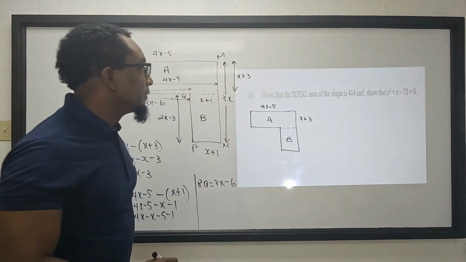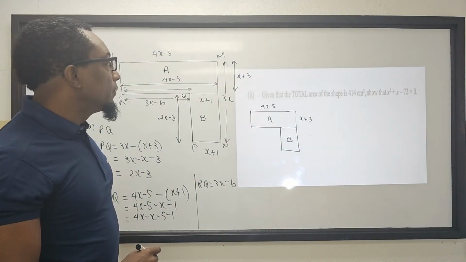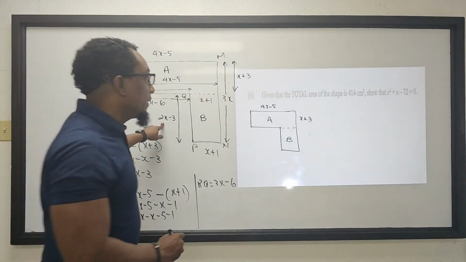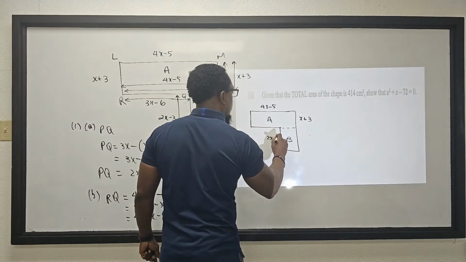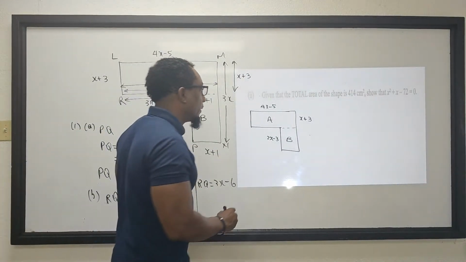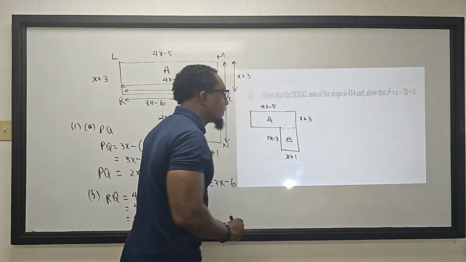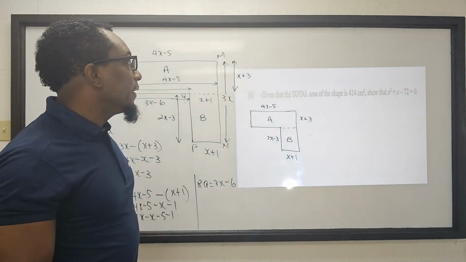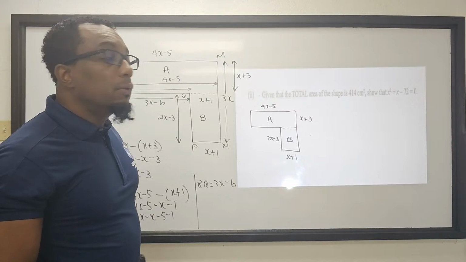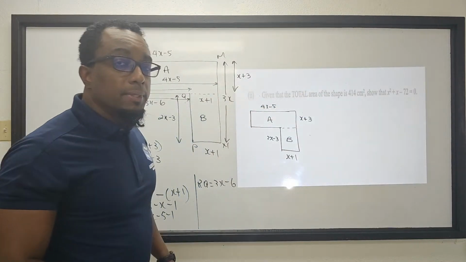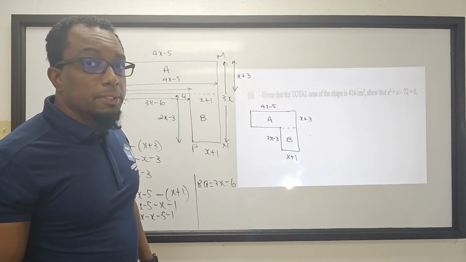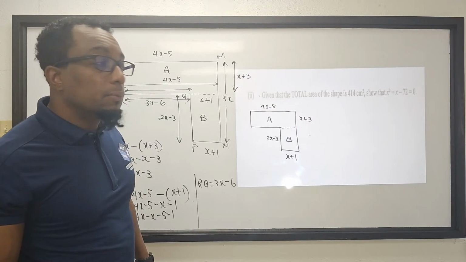For B, we know that the length of B is 2x minus 3. And we know that the width of B is x plus 1. So what I'm going to do is find the area of A, find the area of B, and equate it to 414 and simplify to get that quadratic expression, x squared plus x minus 72 equal to 0.